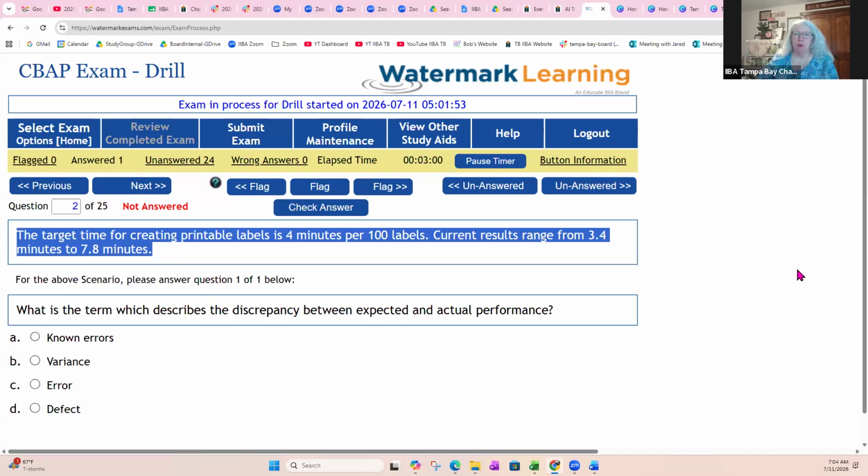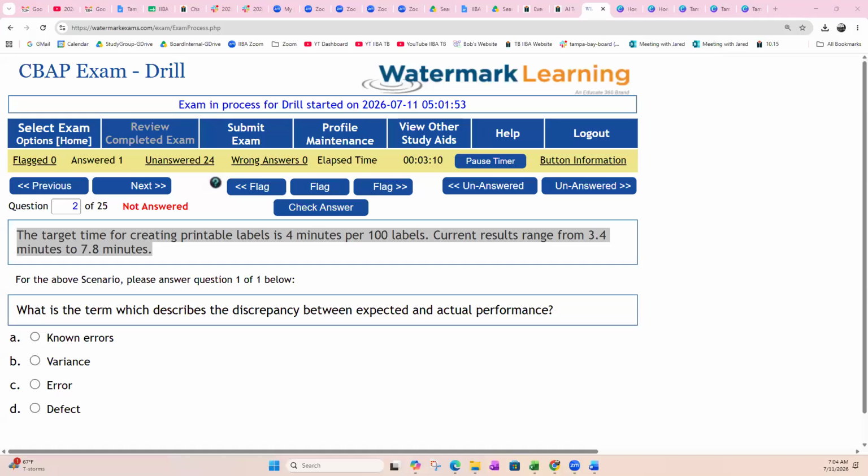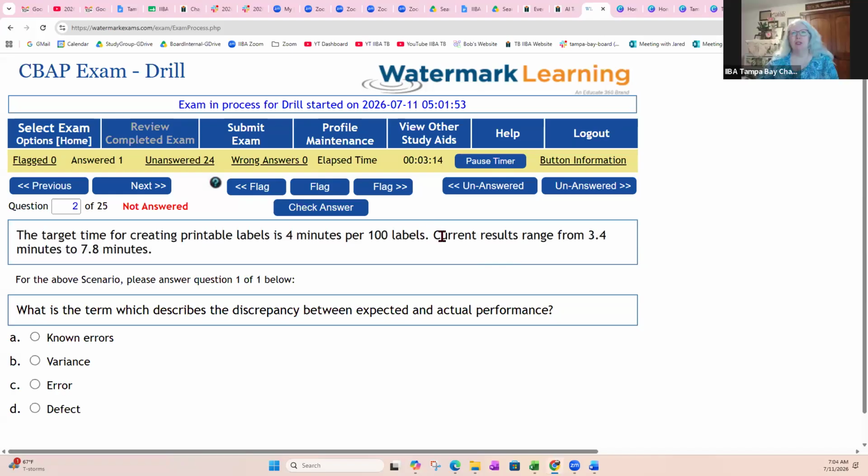So the first question is, do we have a solution? It could still be solution evaluation, something associated with performance measures. Right, because you've got current results. So it tells you have a solution in place, at least in part.